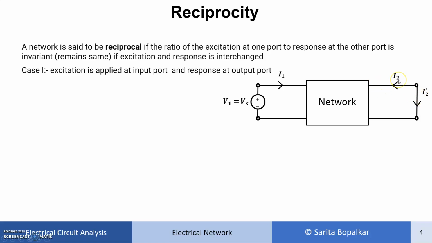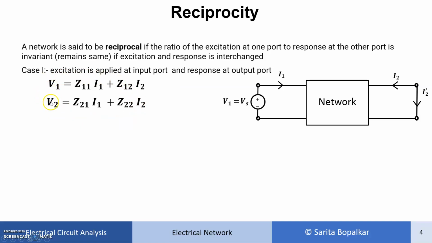Because I2 is also an output current variable, but we are considering the direction coming inside the two-port network, and the response should always be coming out from the network. That's why I2 dash.